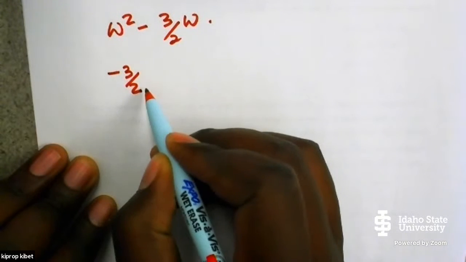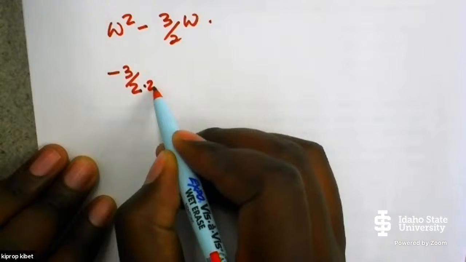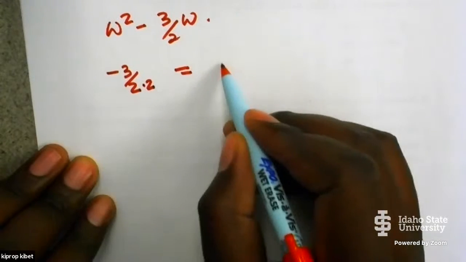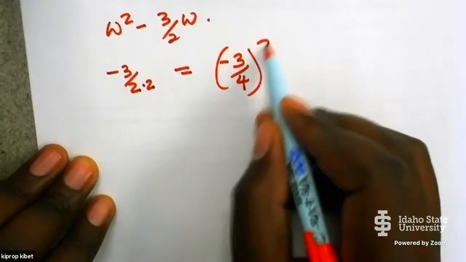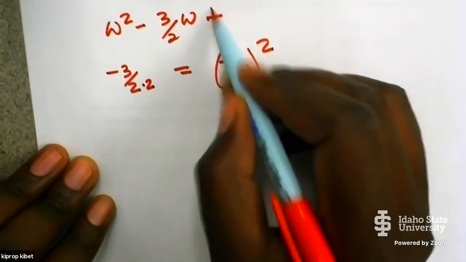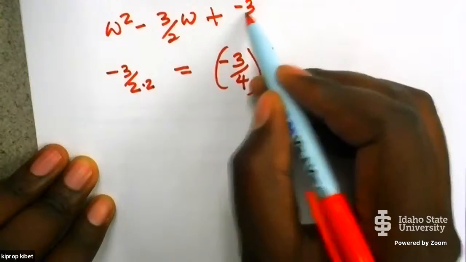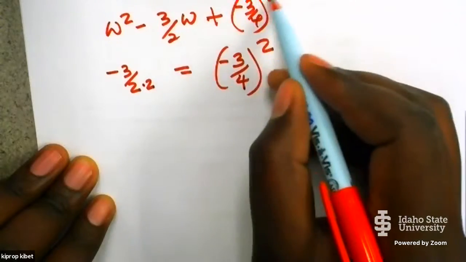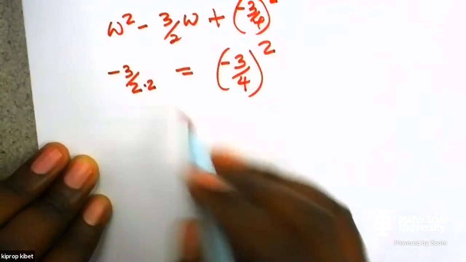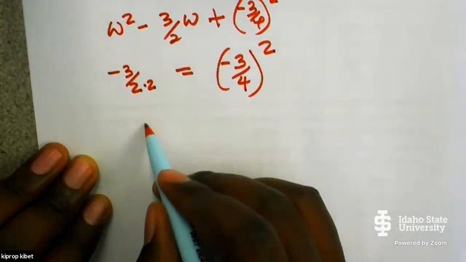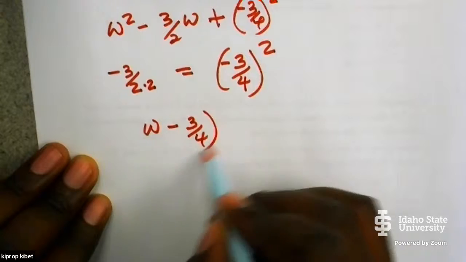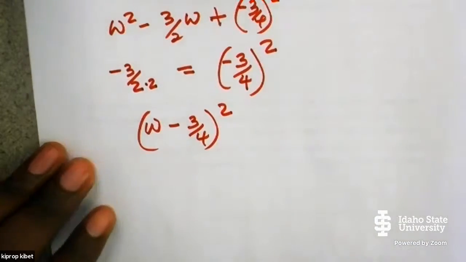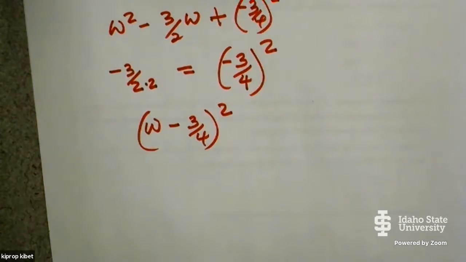You multiply by 1/2 and get minus 3 over 4. Then you square it and add it here: minus 3 over 4, squared. Then you write it in binomial squared form, which is w minus 3 over 4, squared.